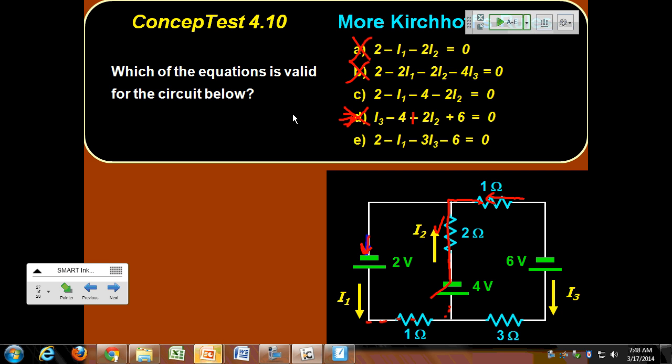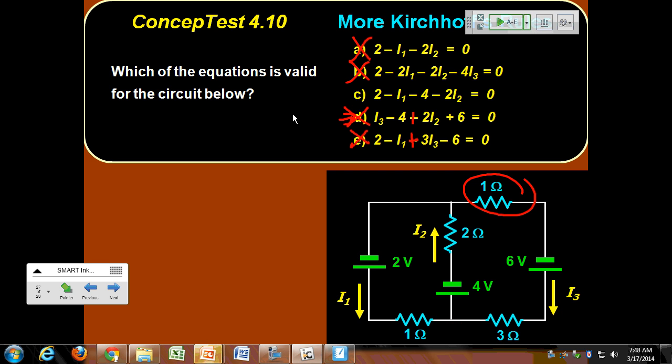So D is not right. E is 2 minus I1, starting here, going in this direction. 2 minus I1, so far so good. Minus 3I3. That should be plus 3I3. And it should be minus 6. And then there should be an extra term for this 1 ohm resistor, plus 1I3. So that's not right. So C is the right answer.